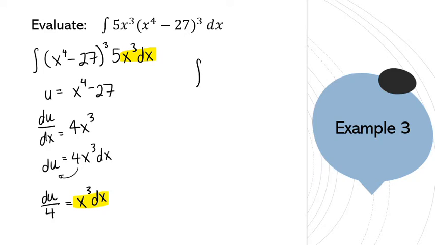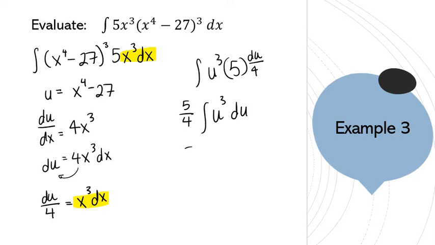So here's what I'm proposing. Now we're going to do, and maybe I'll leave the 5 there for the first step, u cubed times 5 times du over 4, and that's it. That's what we've got. We did our substitution. Now let's boot out the 5 over 4 and just deal with u cubed du. We're allowed to do that.